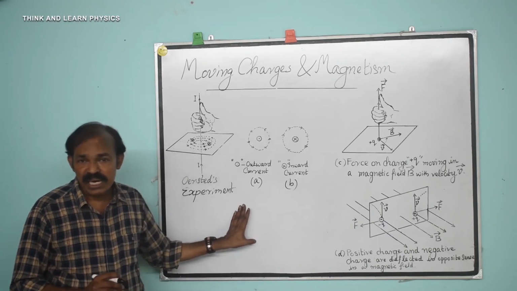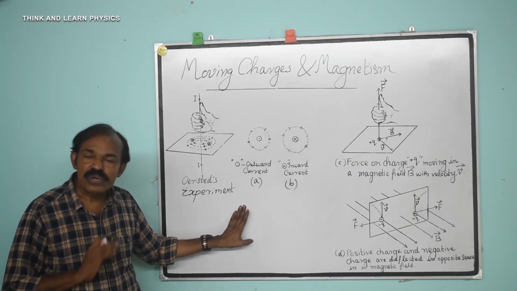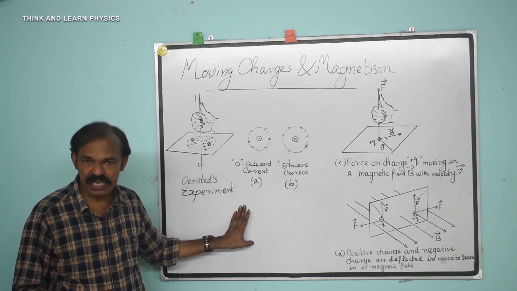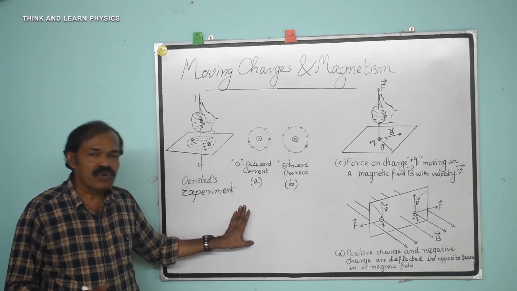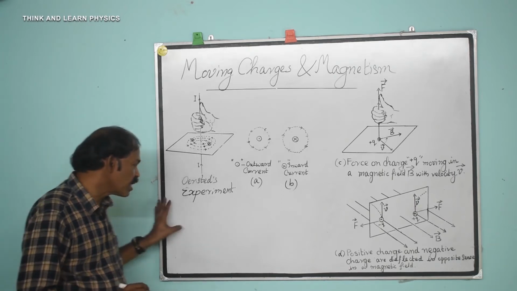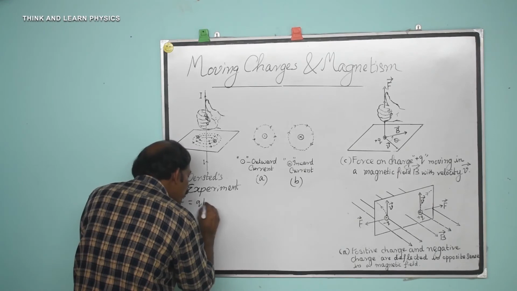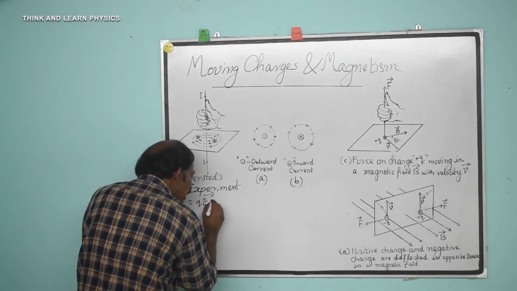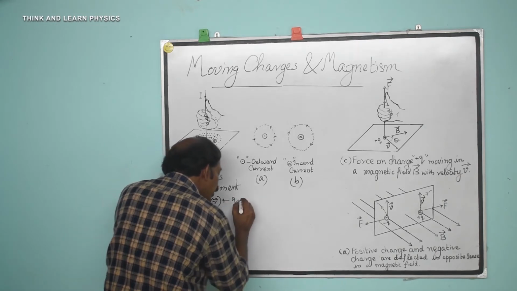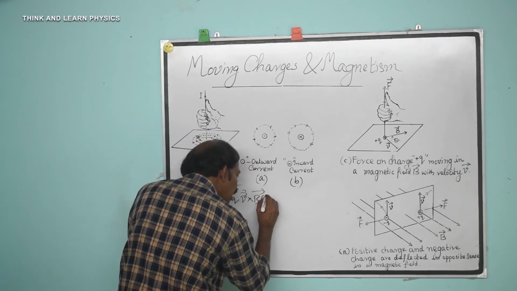That means if a charged particle carrying a charge q moves through a space where both electric and magnetic fields are present, then a resultant force acts on the particle, and the force is given by F vector equals q times E vector at r vector plus q times V vector cross B vector at r vector.